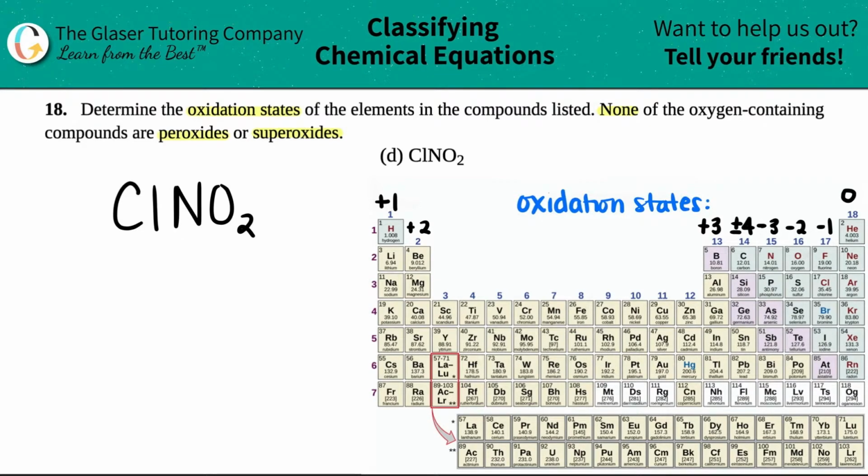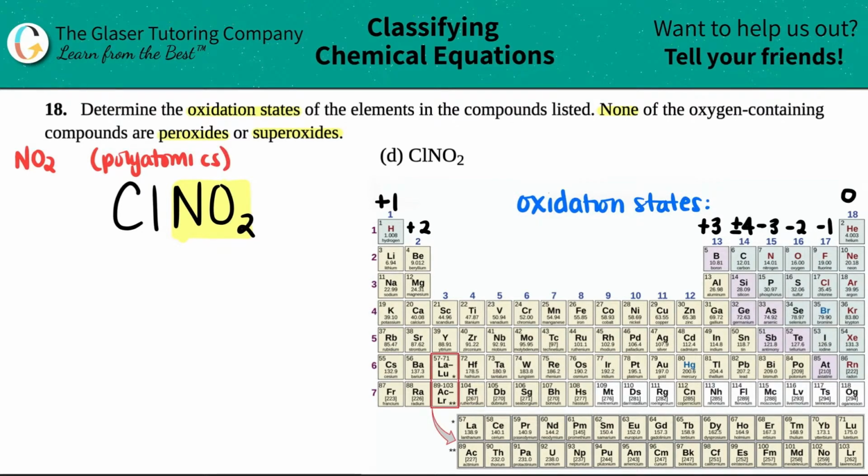Okay, so let's see. I'm looking at this and I noticed something, right? Because we've done tons and tons of problems before, I notice this NO2. And I hope you notice that as well, right? NO2 is a polyatomic. Remember, you can't get away from those polyatomics.